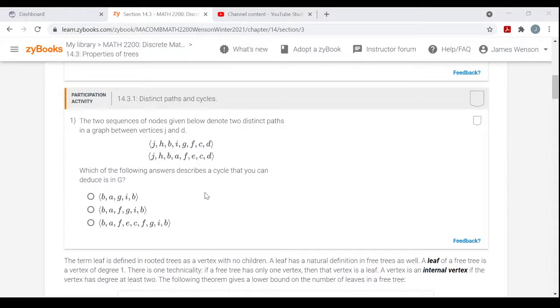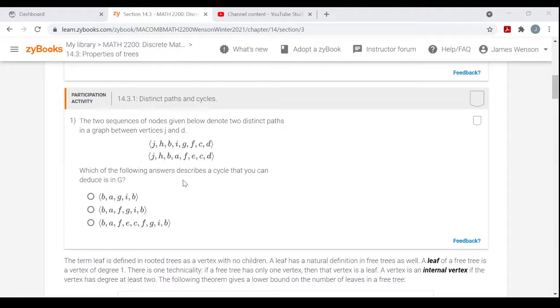Because remember, if there are two different paths between a pair of vertices, that means the graph is not a tree. Because in a tree, there's only one path possible between any pair of vertices. So if there's more than one path possible between J and D, that means the graph is not a tree.